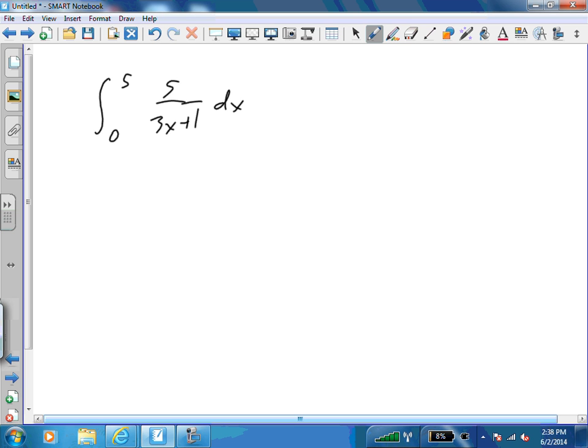Just a little quick refresher. When we do a definite integral, we want to find the antiderivative of our function. Once we get the antiderivative, then we substitute this number into the antiderivative, this into the antiderivative, and subtract. So the question is, what is the antiderivative of that?